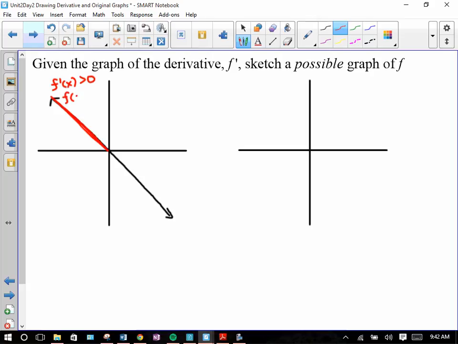That tells us that f of x is increasing. Okay. Now, right here, f prime of x is equal to what? So that tells us what?